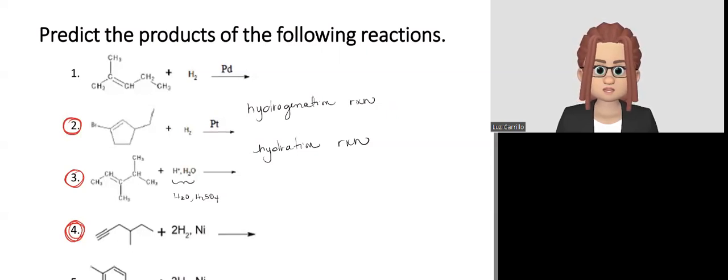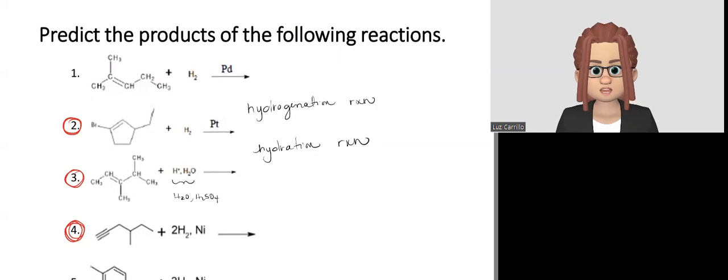On number 2, since I know that this is a hydrogenation reaction, I'm going to add hydrogens to the carbons that are double bonded, and I'm going to take away the double bond. That's why it's called addition. The double bond breaks, and the atoms that used to be double bonded are now going to receive an atom.